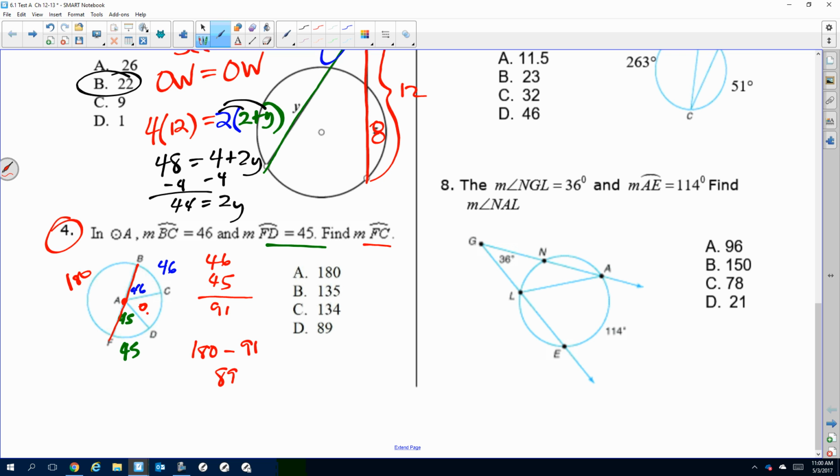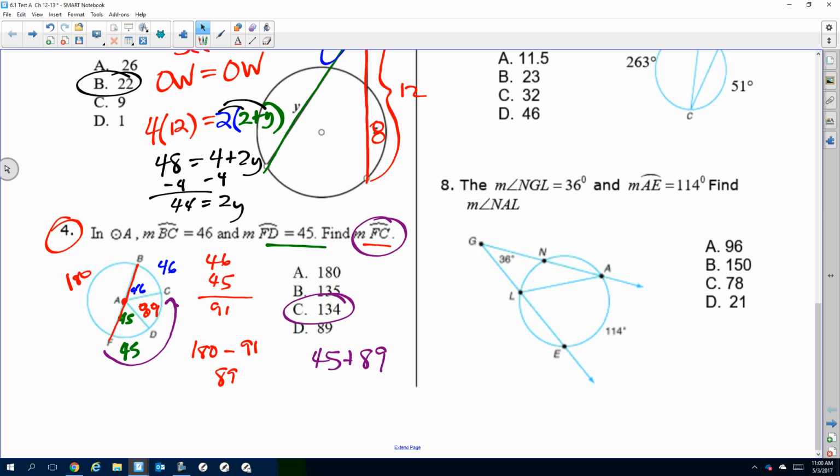So that let me know this missing piece is 89. But the question is asking to find FC. That means F to C, so we have to take the 45 plus the 89. Most of y'all forgot that piece, which would make it C, 134.